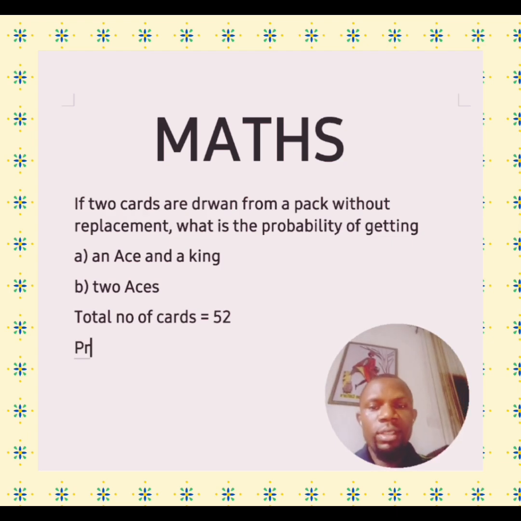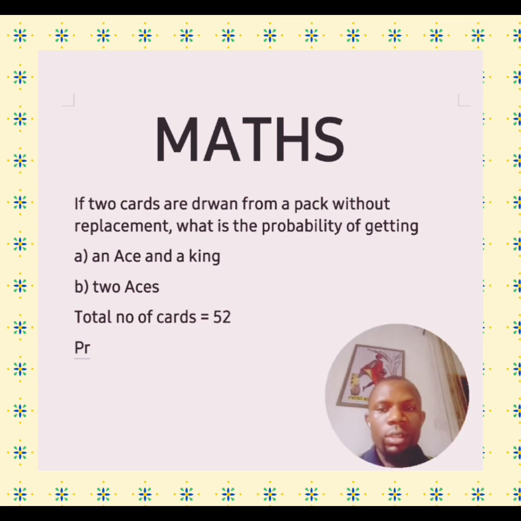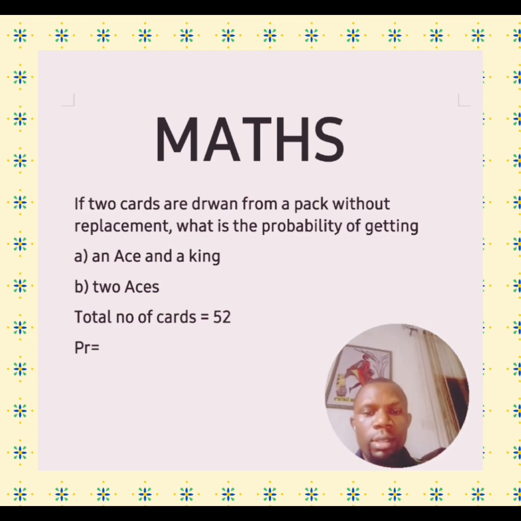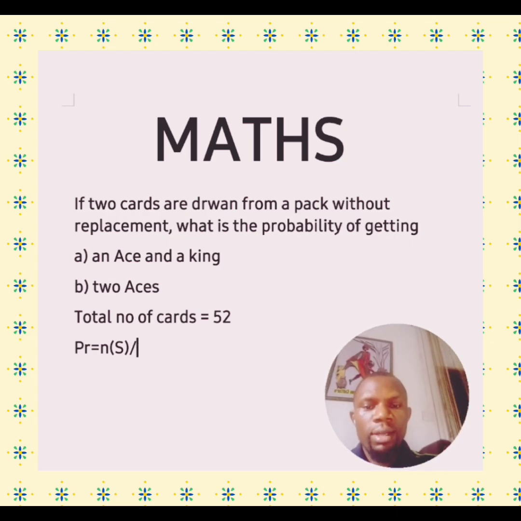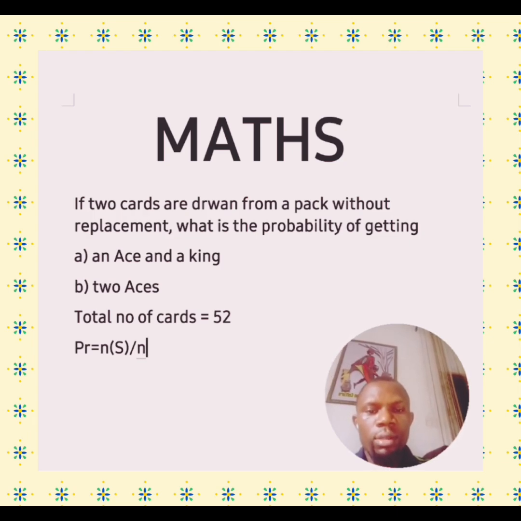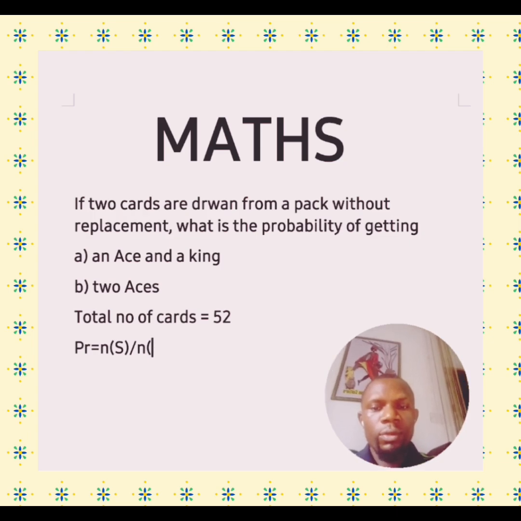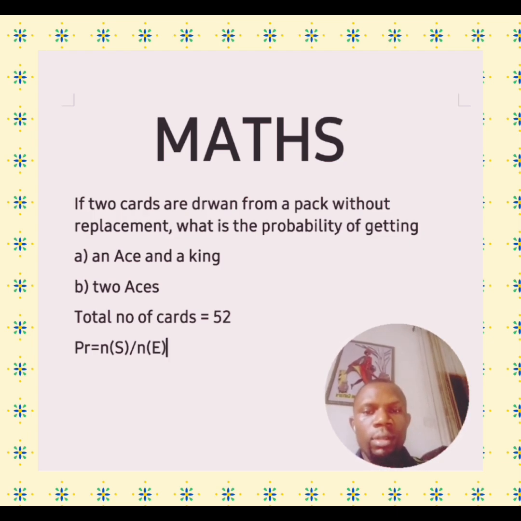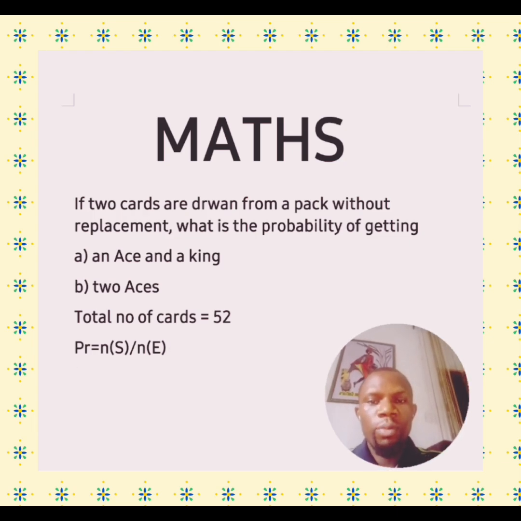My formula for probability is the number of required outcomes, let me use X for that, divided by the total number of possible outcomes, let me use E for that.